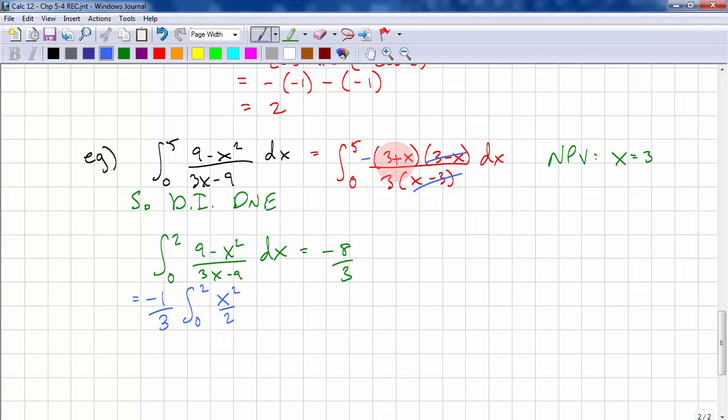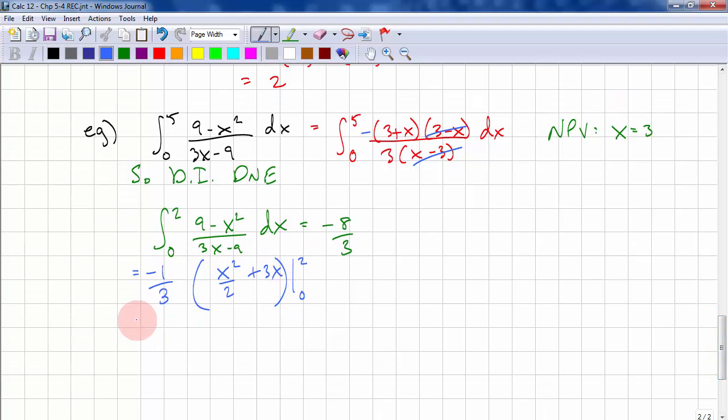And the antiderivative for 3 is 3x. And we're integrating from 0 to 2. And it'll give us negative 8 over 3. Negative 1/3. 2 squared divided by 2 is 2, plus 3 times 2, that's 6. And 0 would just be 0. So we have negative 8 over 3.